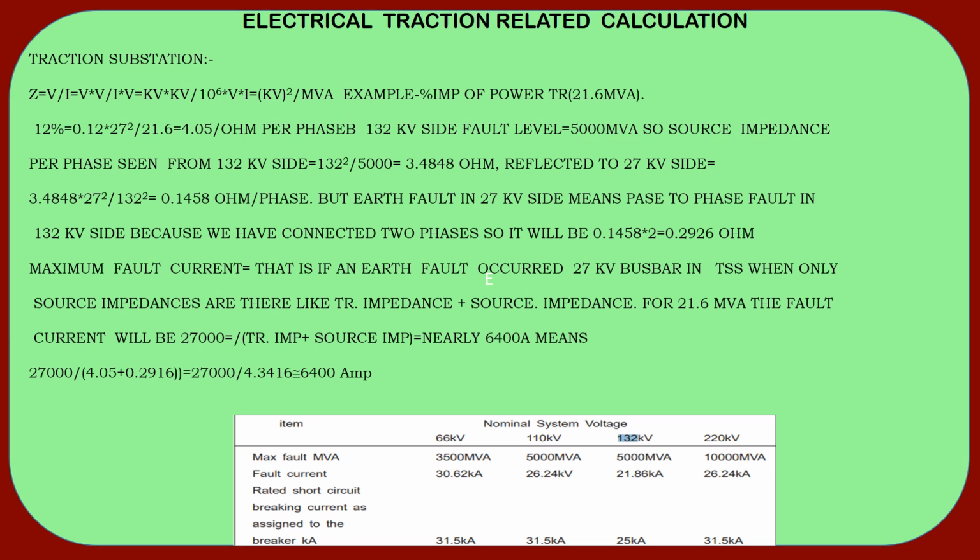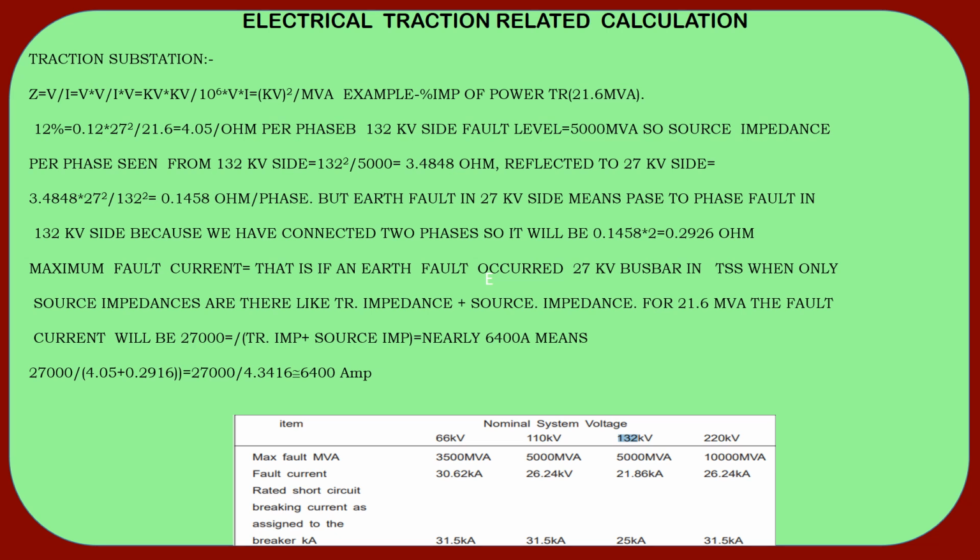Now, generally the power transformer has 12% percentage impedance, for a 21.6 MVA power transformer.